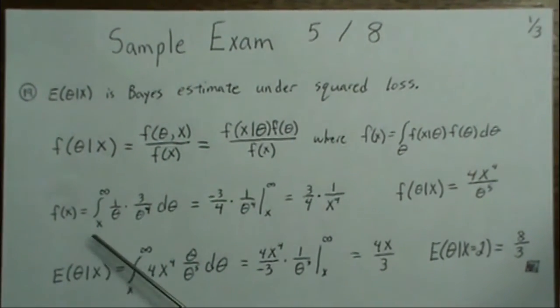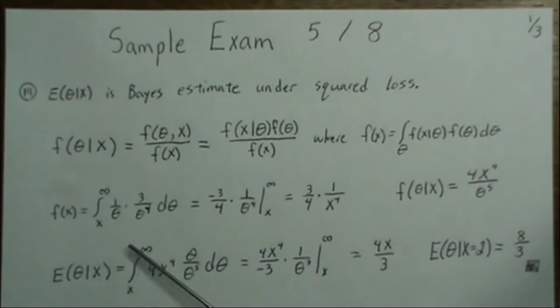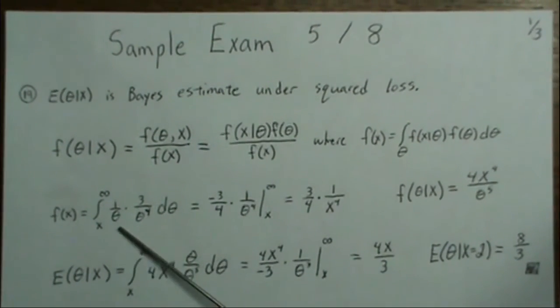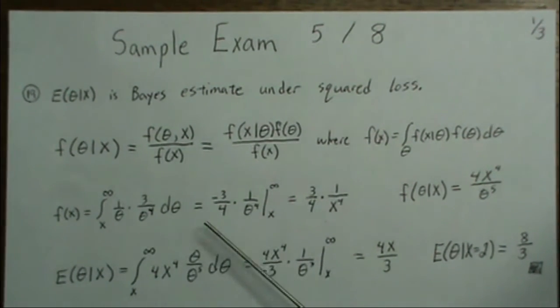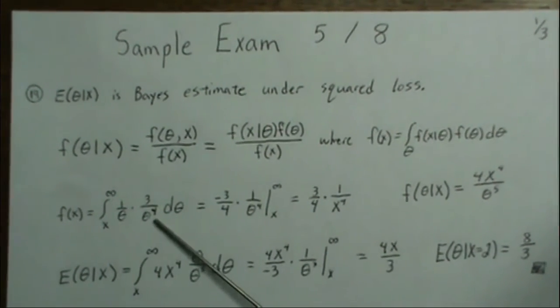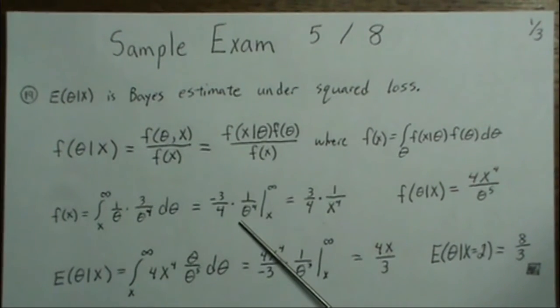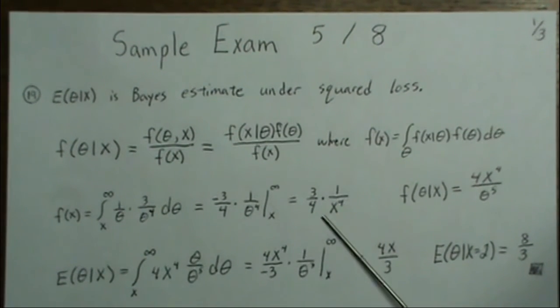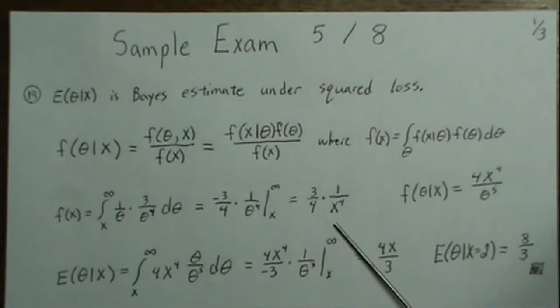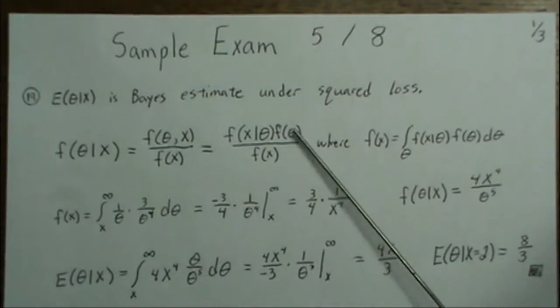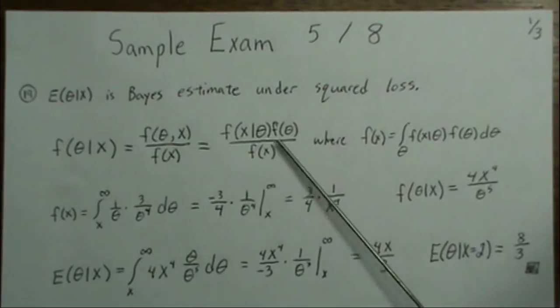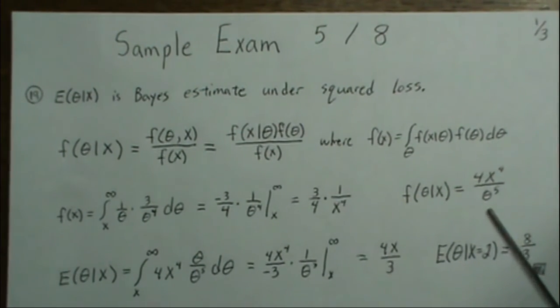So f of x is we integrate, theta goes from x to infinity, and here are the two densities. We take the antiderivative, plug in our values, we get this. So then if we take this, and divide it by the joint density, we get this.